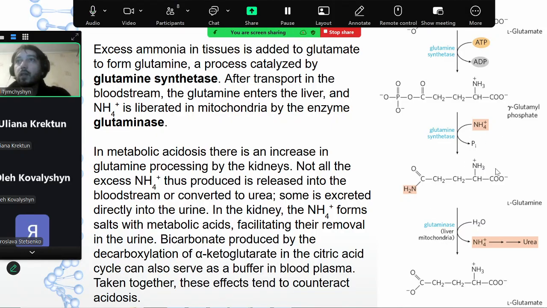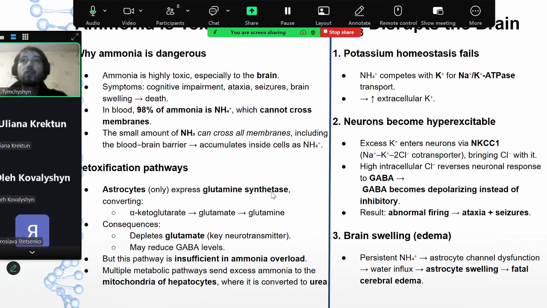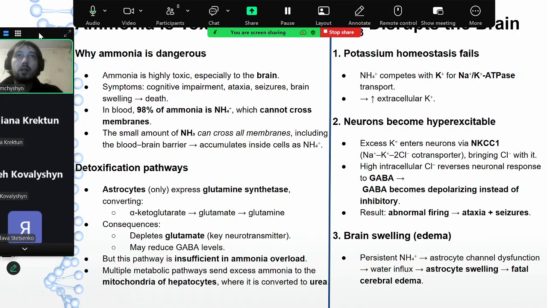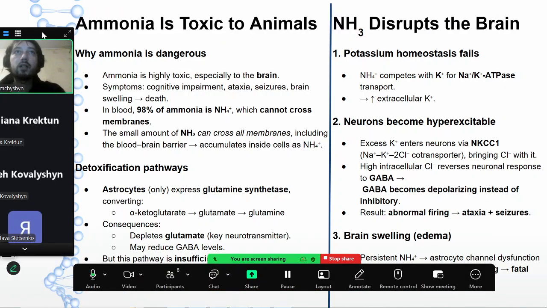One it has just because it's an amino acid, the other one is attached here, and then it can be transported, basically to the liver, and in the liver, especially in the mitochondria, it will be processed by glutaminase. So here you have L-glutamate at the output, and NH4 is liberated and can undergo certain processes that will transform that into urea. So that's it.